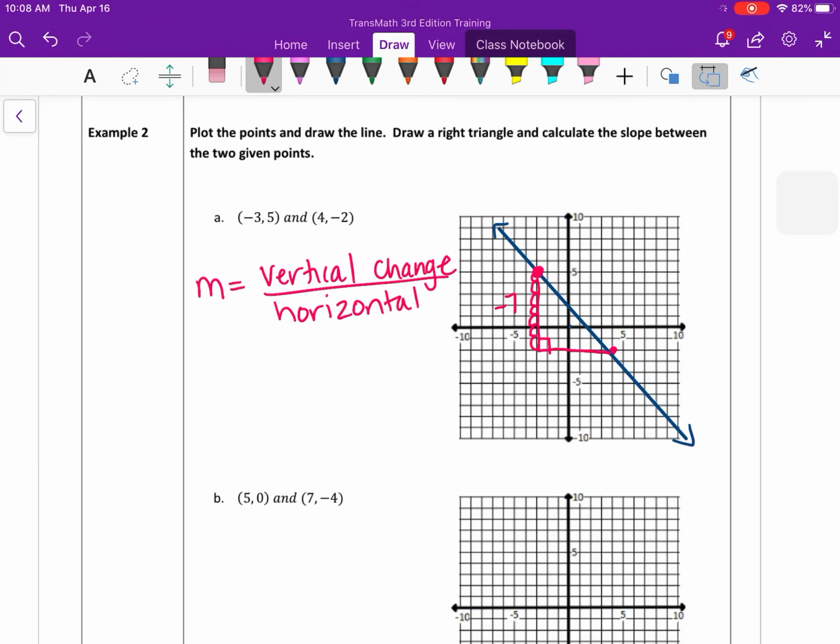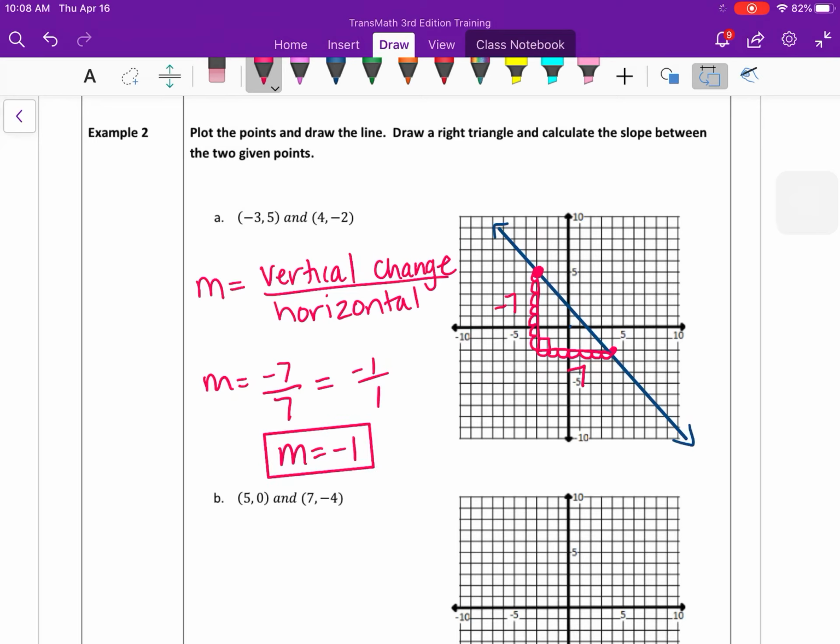And then 1, 2, 3, 4, 5, 6, 7. To the right is positive 7. So I'm going a vertical change of down 7, right 7. And that's going to reduce to negative 1 over 1. Or you could just say the slope is negative 1.